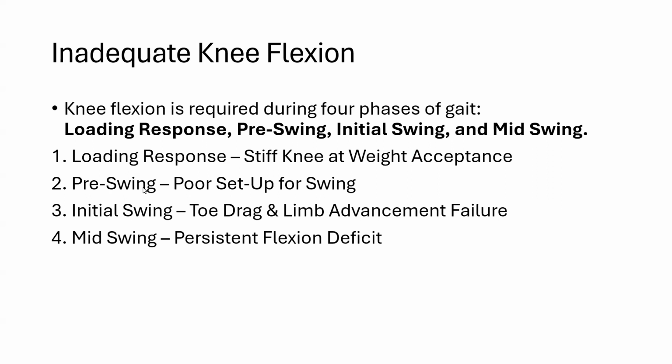Since it's a rigid limb, there is reduced shock absorption, and the body weight is transmitted directly through the femur and tibia without any muscular cushioning. In pre-swing, the normal role of the knee is up to 40 degrees of knee flexion to prepare the limb for initial swing.